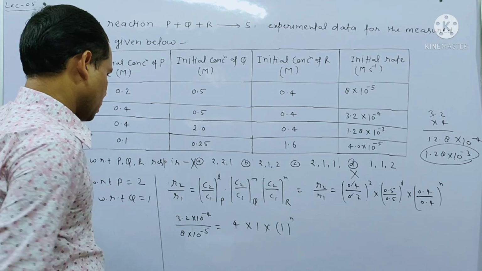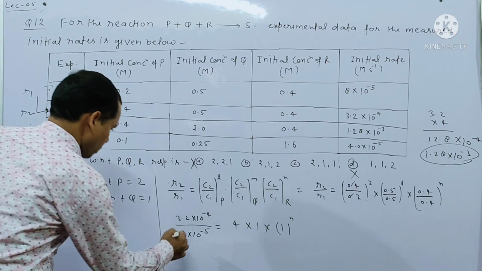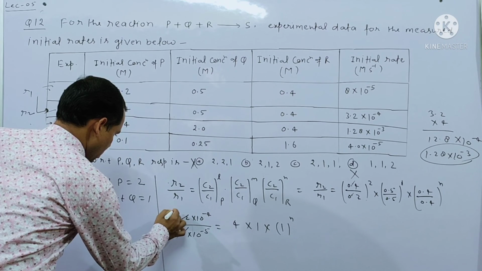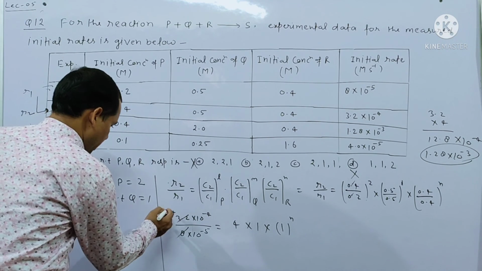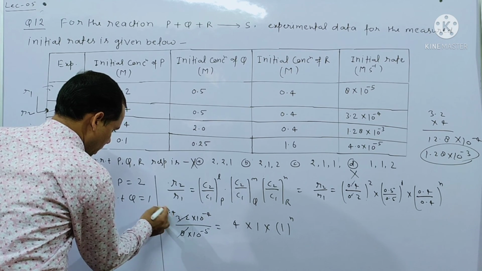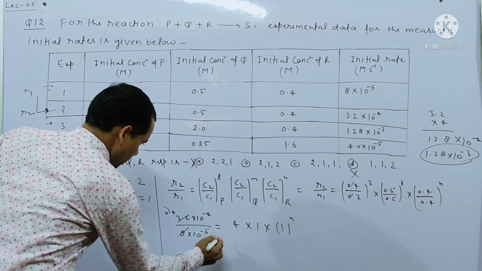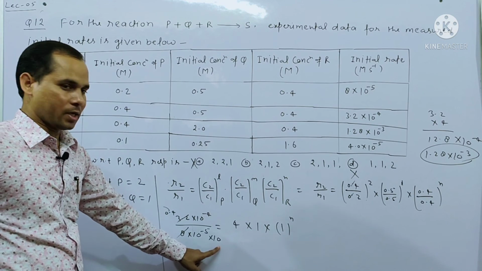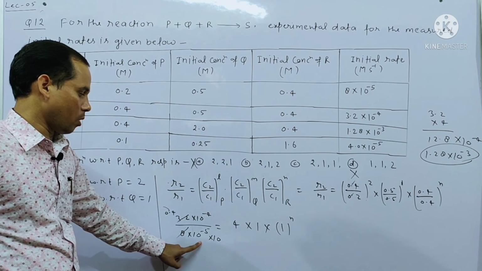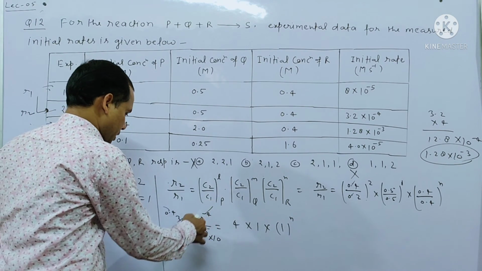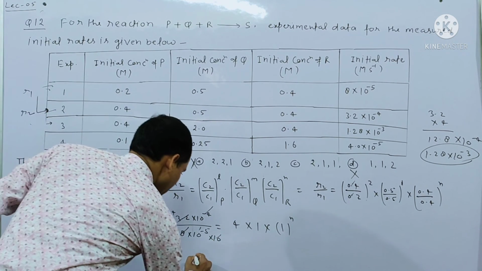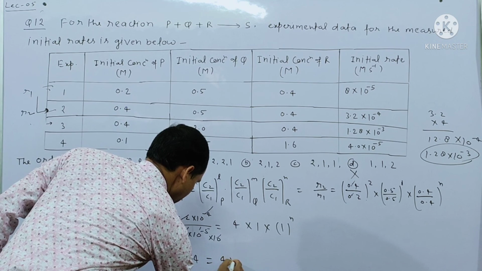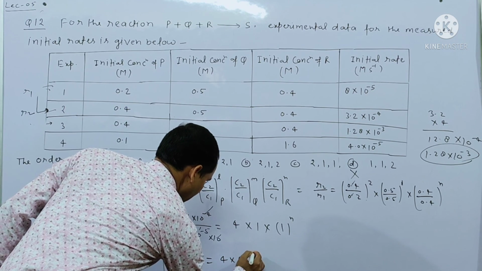Now 8 4s are 32, and if we multiply here by 10, the 10 to the power minus 4 cancels out. So it becomes 4 equal to 4 into 1 to the power n.